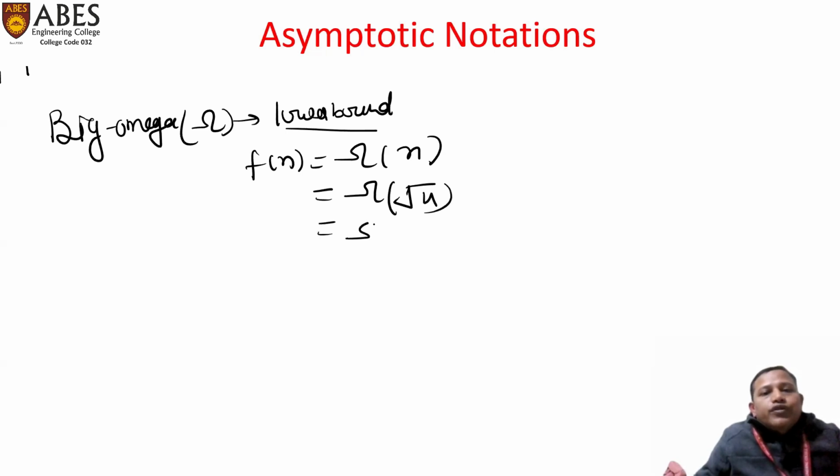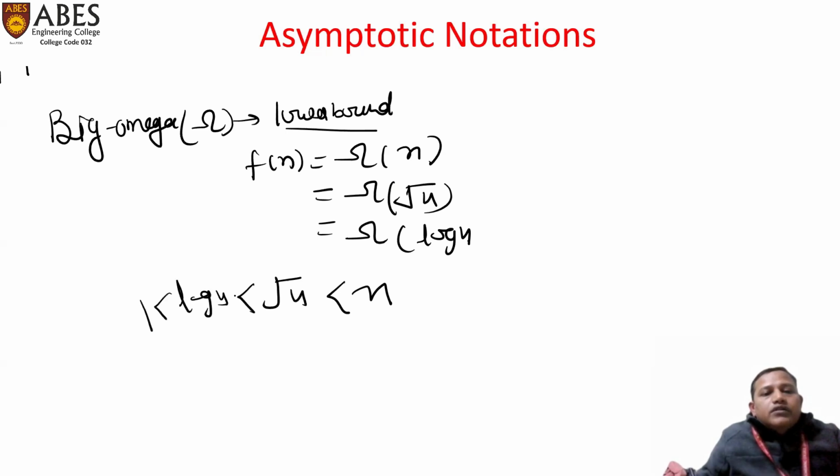This is also true for omega of log n. That means the function values which are less than n, that is root n, log n and 1, are also true for all, but which one is the exact bound, that is n. So this is represented as omega of n.